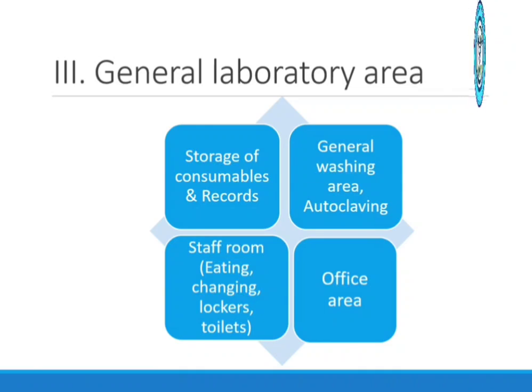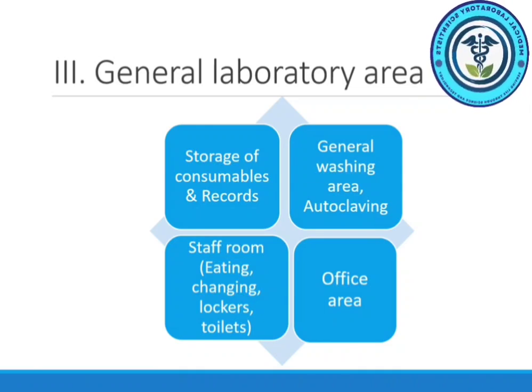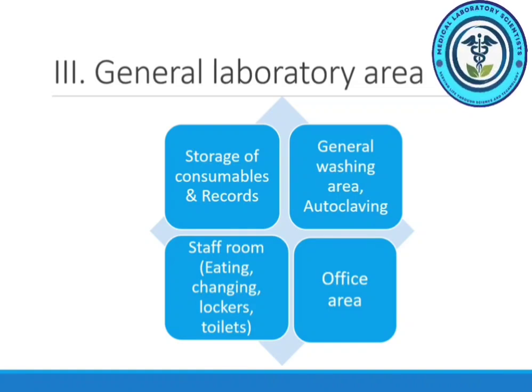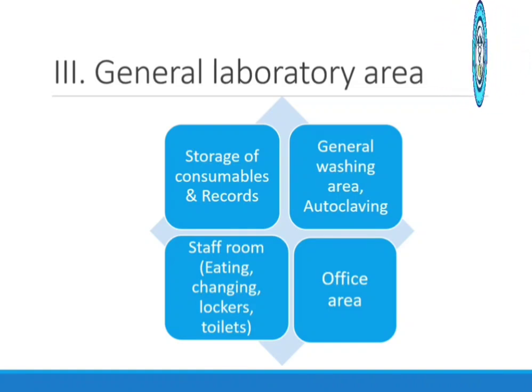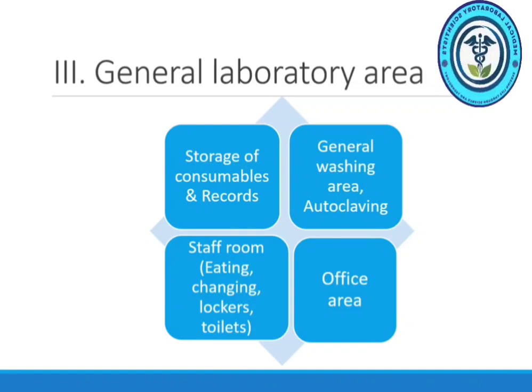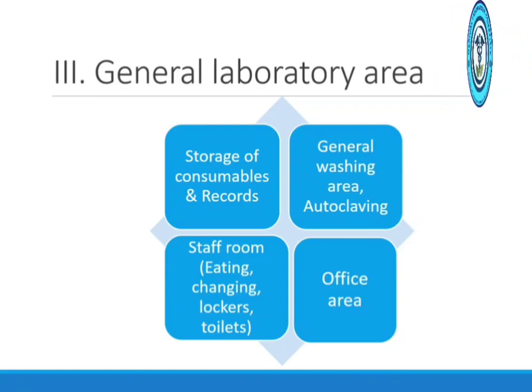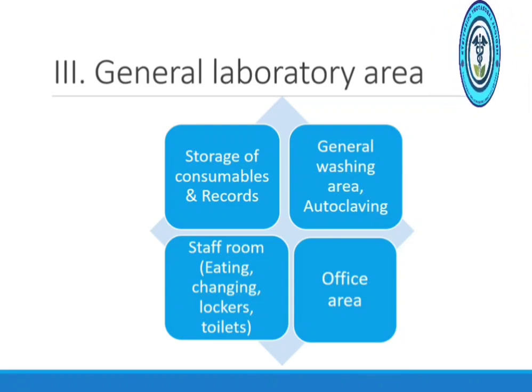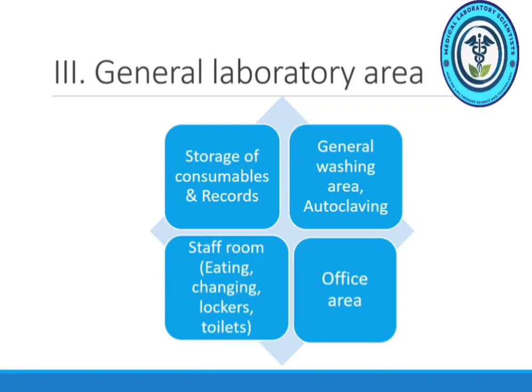There must be a general washing and cleaning area for the reusable items used for testing in the laboratory, and an area for autoclave, hot air oven, and other sterilizing equipment which generate a lot of heat. The laboratory must have a staff room provided with lockers and toilets where the staff may eat or change clothes as necessary. And finally, an office area to maintain staff records, purchase records, and to send and receive communications.